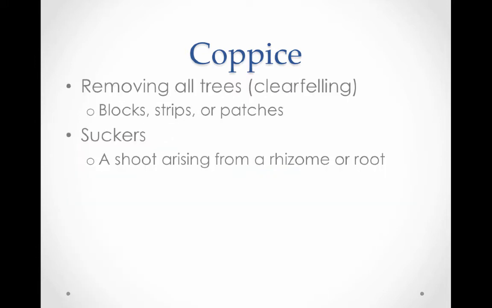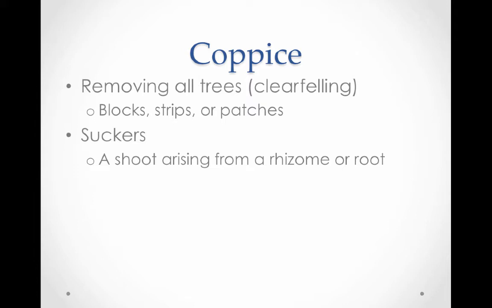With a coppice, you're removing all trees, so clear felling. This coppice can be done in blocks, strips, or patches. And what you're focusing on is the regeneration through suckers, a shoot arising from a rhizome or root. So a coppice sounds extremely similar to a clear cut.